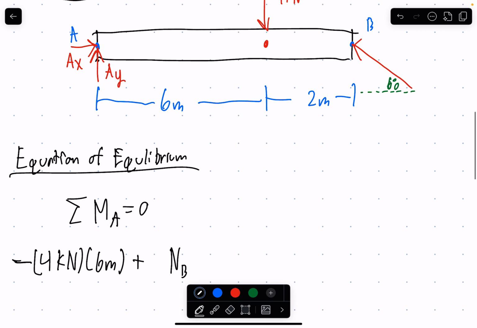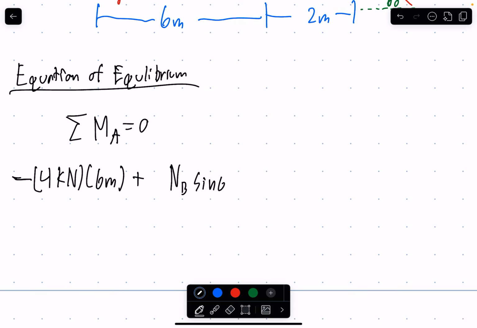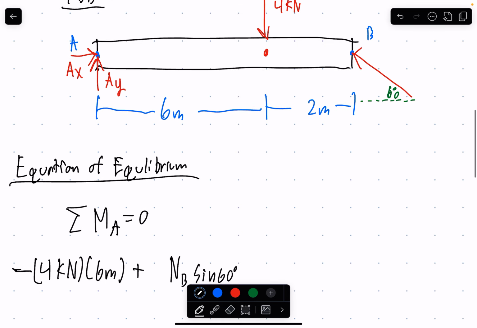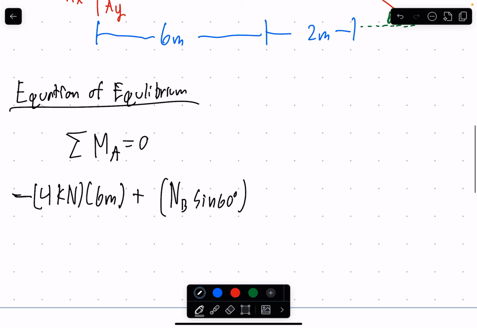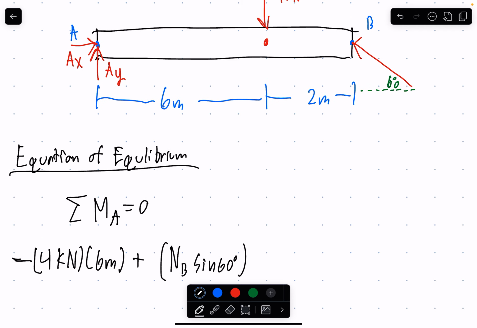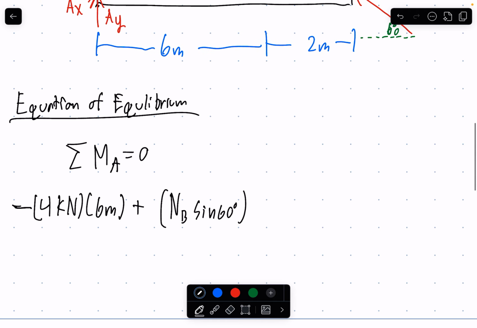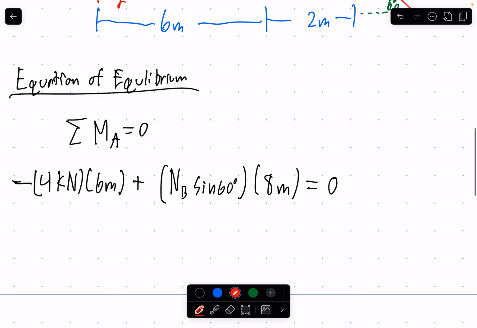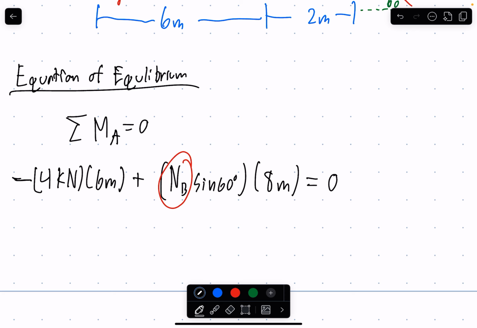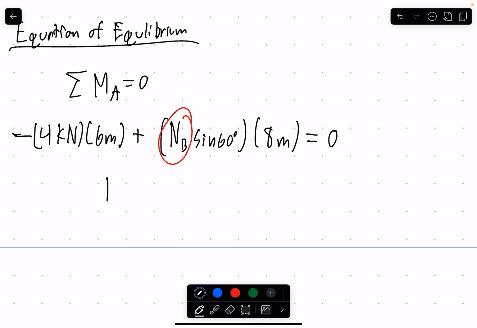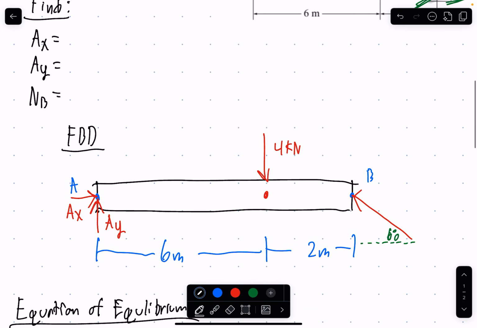So to find that vertical component, we'll take the sine of 60 of the reaction at B. That'll be positive because it'll be spinning the beam counterclockwise about A, and that'll be acting 8 meters from point A. Set that equal to 0. We have one unknown, the normal reaction at B, so it's relatively easy to solve for. Plug that into your calculator. You should find NB is equal to 3.46 kilonewtons.